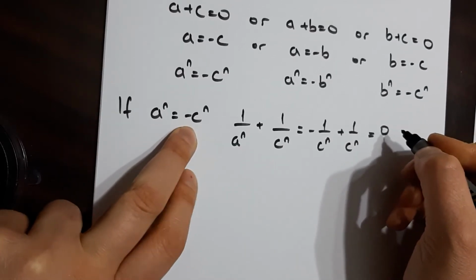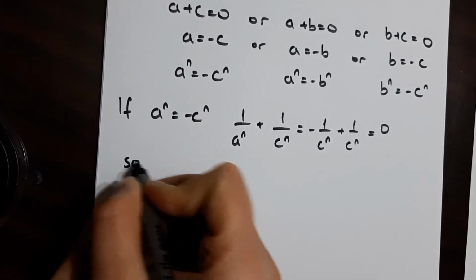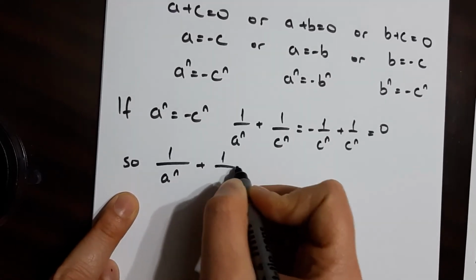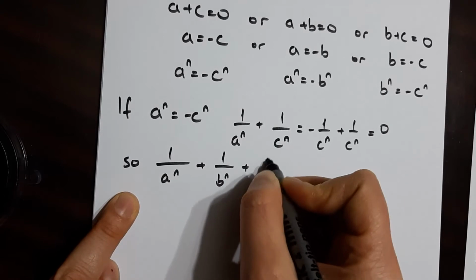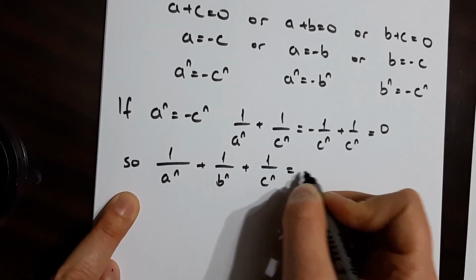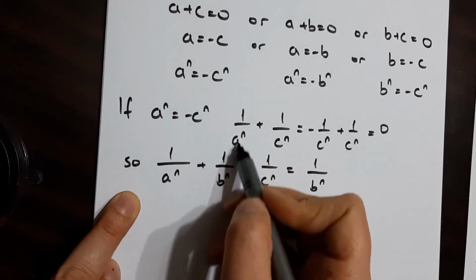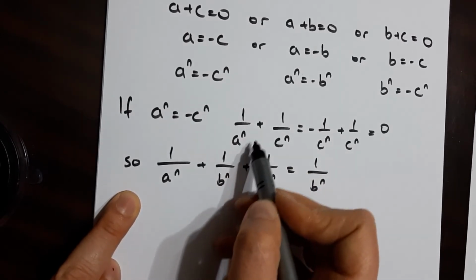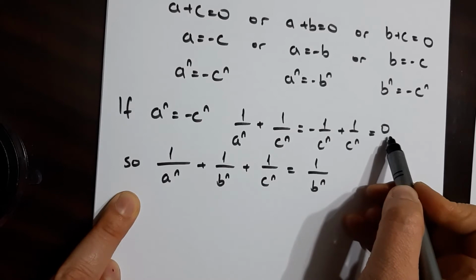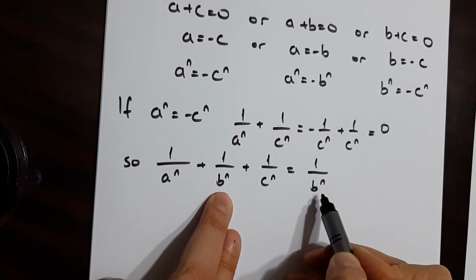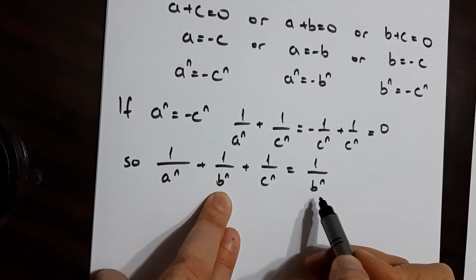So from here, I can write that 1 over a to the power of n plus 1 over b to the power of n plus 1 over c to the power of n is equal to 1 over b to the power of n, because we found that 1 over a to the power of n plus 1 over c to the power of n is 0.